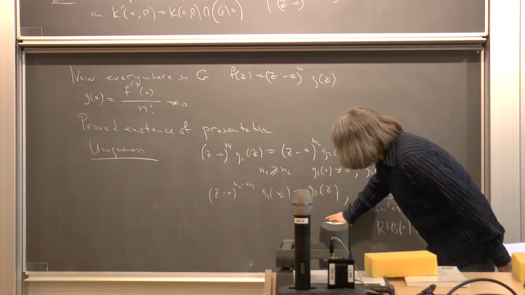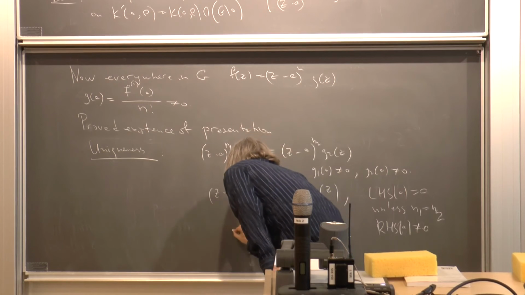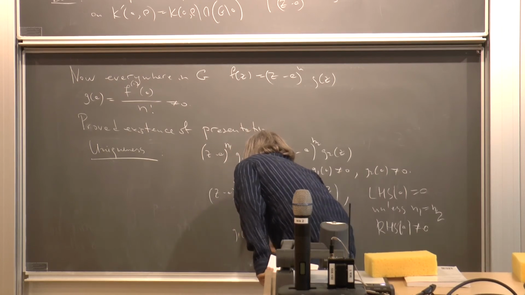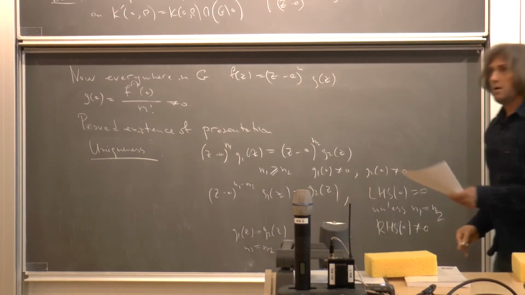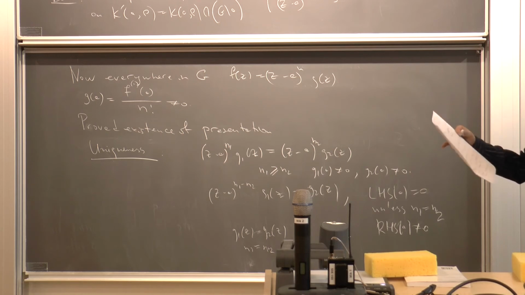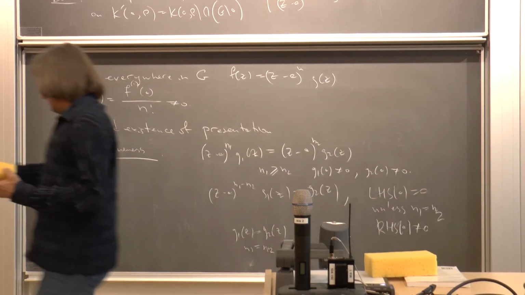So it follows from this that we get g1 of z equals g2 of z, and n1 equals n2. Okay, so this was almost tautological. So I proved existence and uniqueness of this presentation, and now I'll use it.